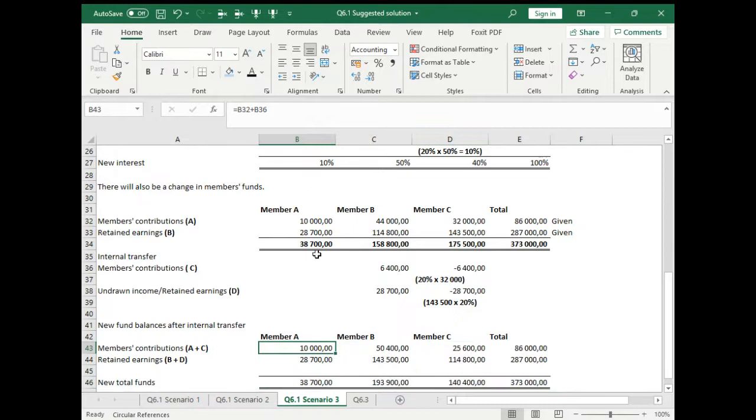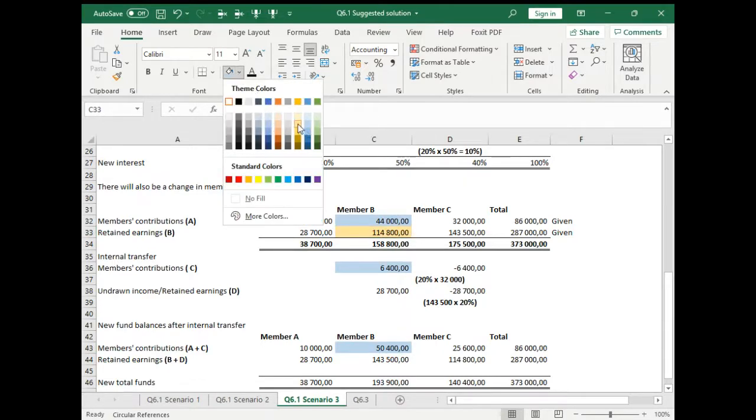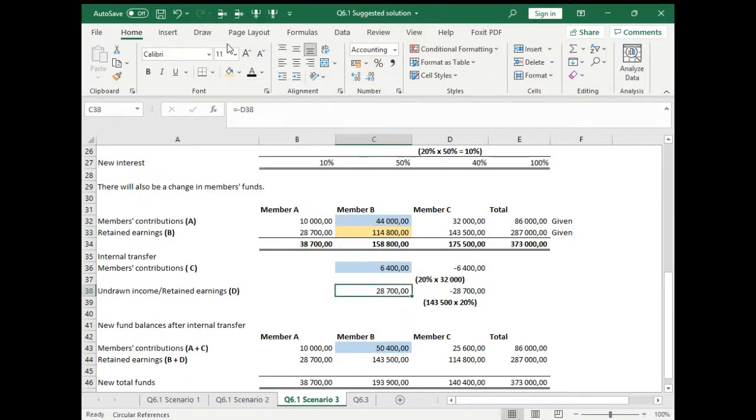Member A looks exactly the same. Member B now has a member's contribution of 50,400, which is the 44,000 and the 6,400. His retained earnings have changed from 114,800 plus the 28,000 he's acquired from C to 143,500.